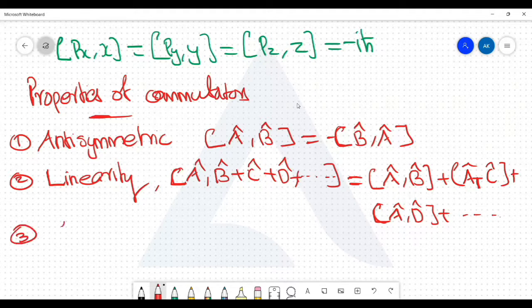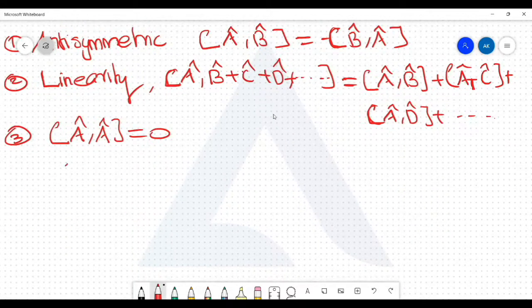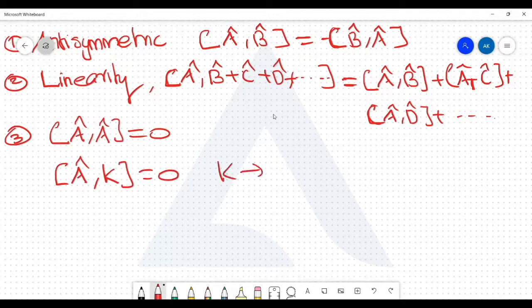And you have to keep in mind every operator commutes with itself. Also, every operator commutes with a constant term. K is a constant. Every operator commutes with itself, and every operator commutes with a constant.